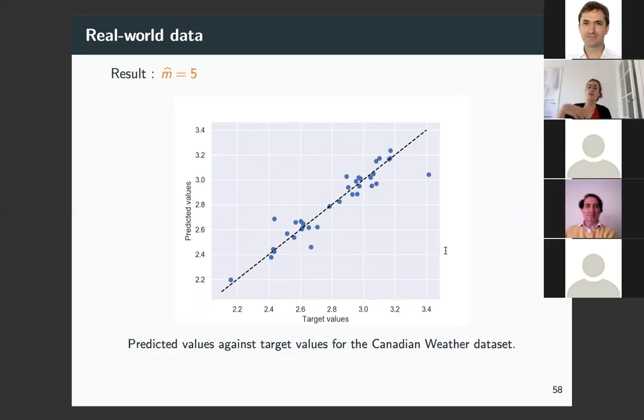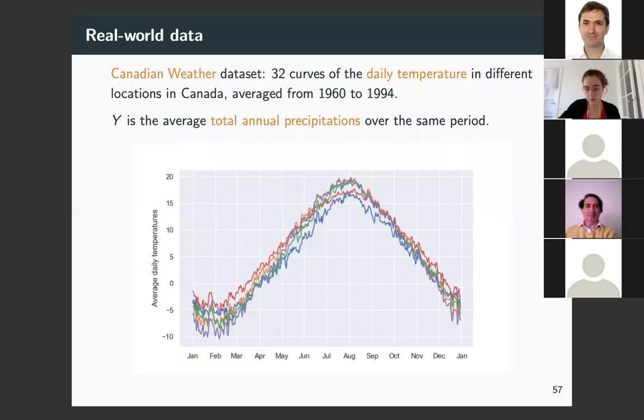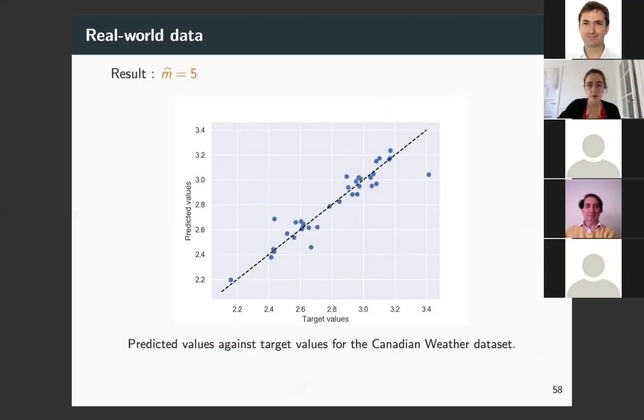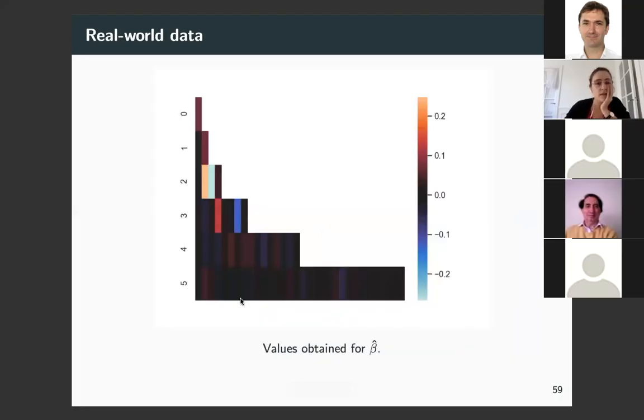So the signature has enough expressive power to approximate these kinds of functions. So this is an example to show that it can work pretty well. An interesting thing to look at is the coefficient beta hat, which you can see is quite sparse. You have a lot of coefficients which are equal to 0. This is something we would like to investigate in the future, how this sparsity is organized.